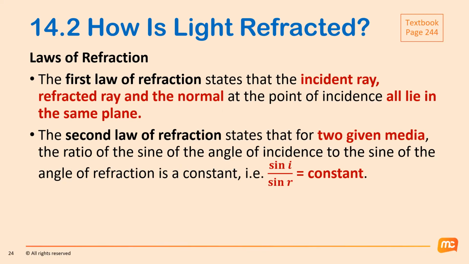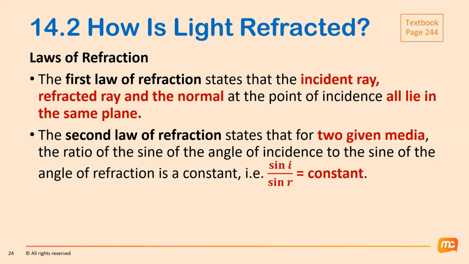In lower sec, you learned that the light ray bends, and when it bends towards or away from the normal. But for upper sec, it is slightly more. You need to know how to do the calculation for the angles that it bends. So the second law comes in.